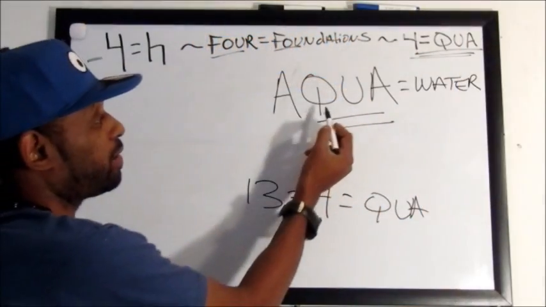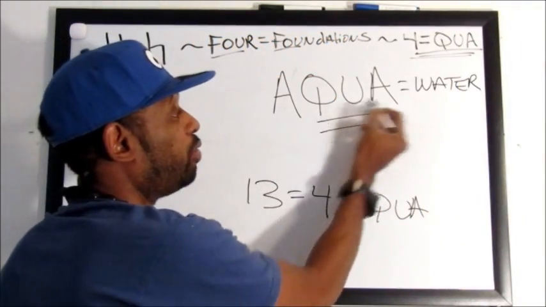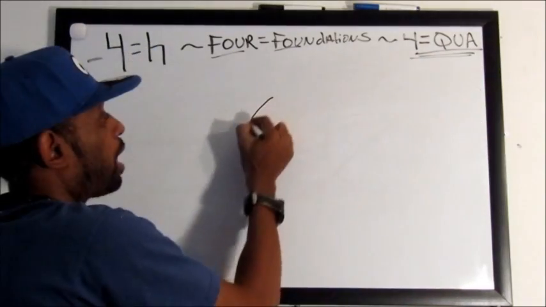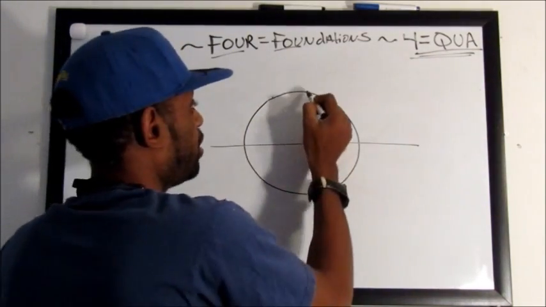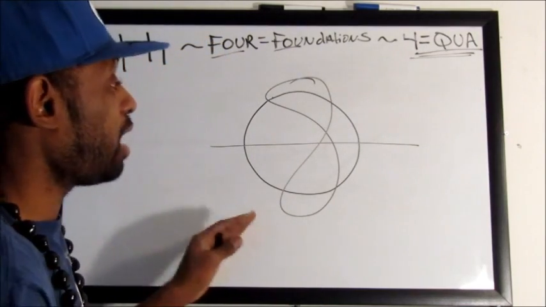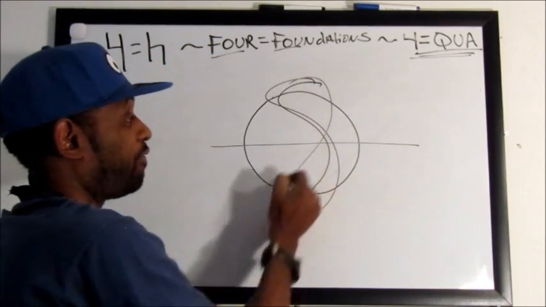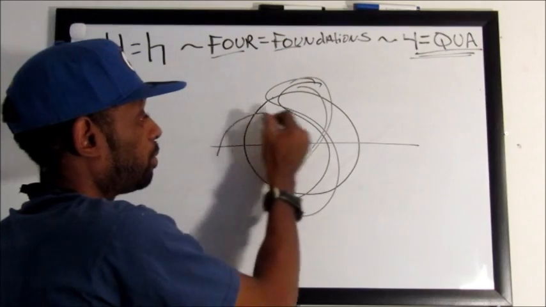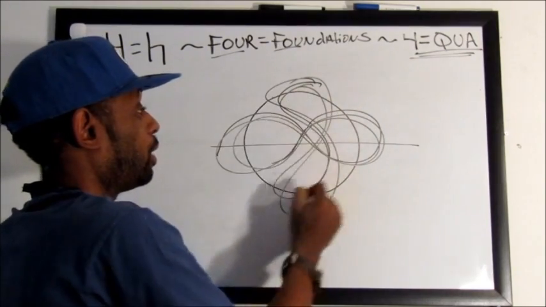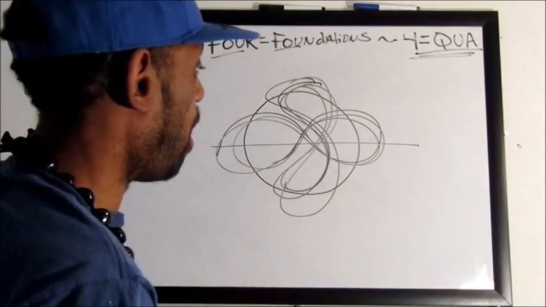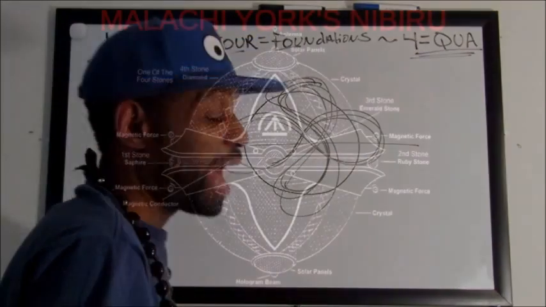So it makes sense that we would find the qua root in water. Our cosmos looks just like this, and there's energy that flows throughout this cosmos in a figure 8 form. In a figure 8 form, it would make the flower of life.